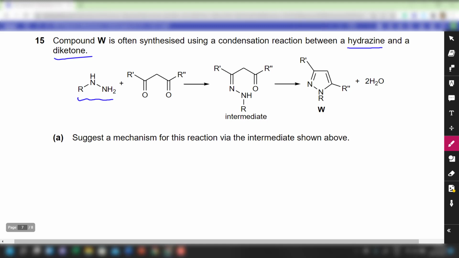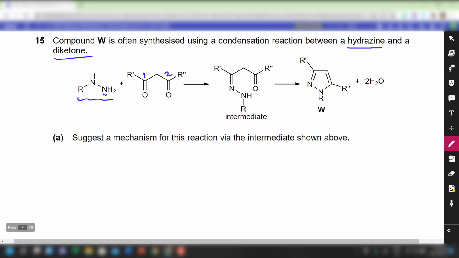And then the diketone is right in the middle. You notice that in the intermediate, there is a C=N double bond, otherwise known as an imine double bond, formed between the N right at the end and the first carbonyl carbon. If I'm going to label the carbonyl carbons, this will be carbonyl carbon 1 and carbonyl carbon 2.